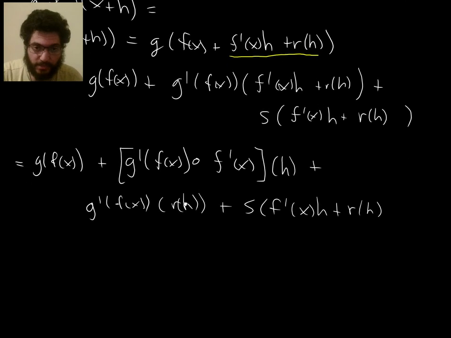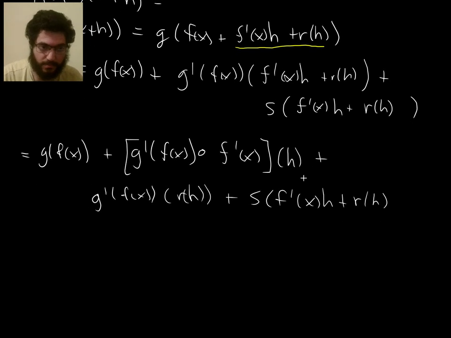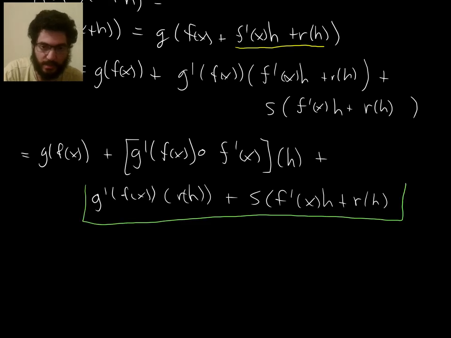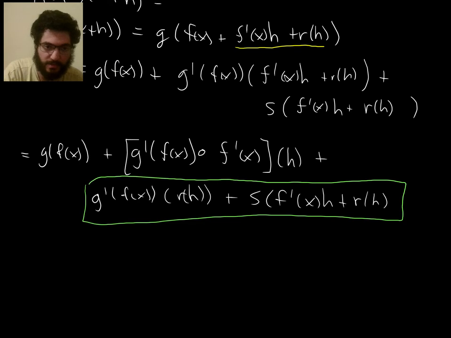Now, just like in our work last time, we will be finished if we can show that this remainder goes to 0 fast enough. Then we have exactly what we need.